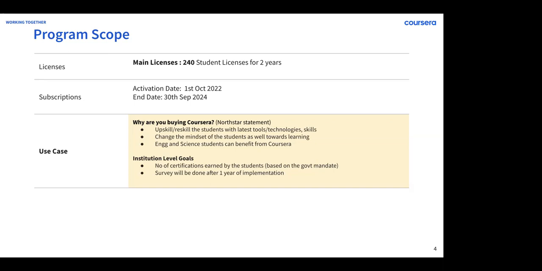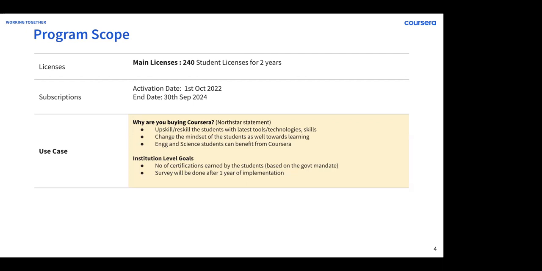And just to help you understand why PSU has entered into this partnership with Coursera, these are some of the goals that have been kept in mind by the university. Definitely one of the goals is to upskill and reskill the students of PSU with the latest tools and technologies, and some of the emerging skills like blockchain, artificial intelligence, machine learning, and so on, so that the PSU students are ready for the jobs of the future. When they enter the job market, they have the required skills.